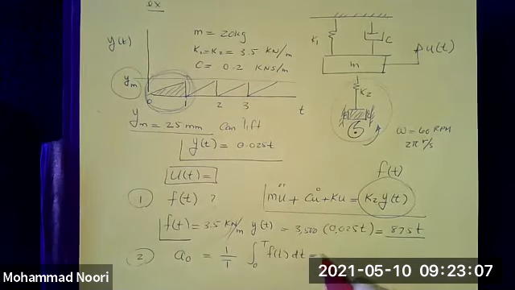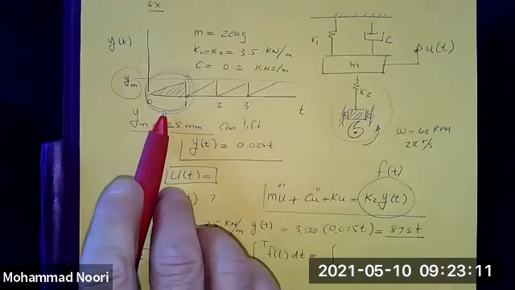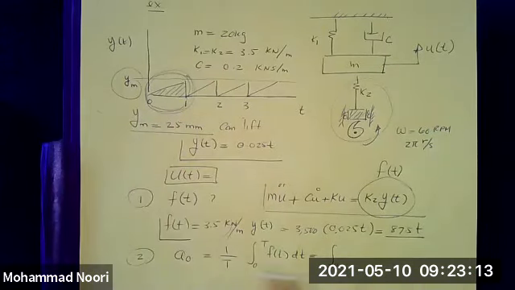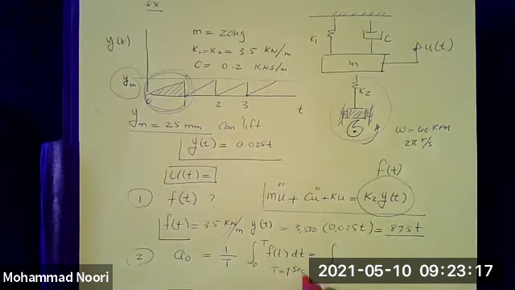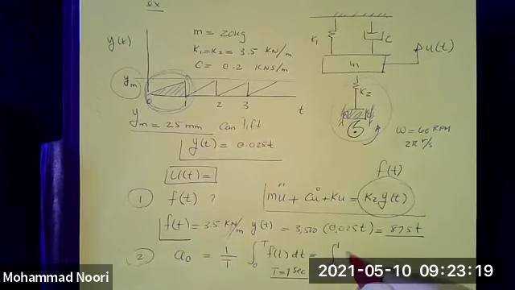So let's just substitute for that. The T is the period here, which is 1 second. So we have 0 to 1, 87.5 t, which is the forcing function, dt.